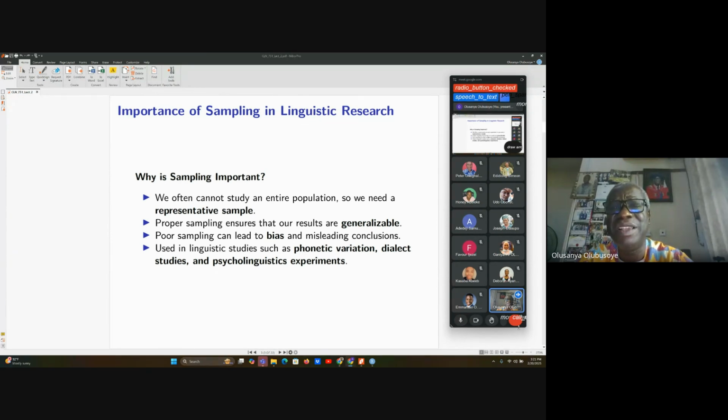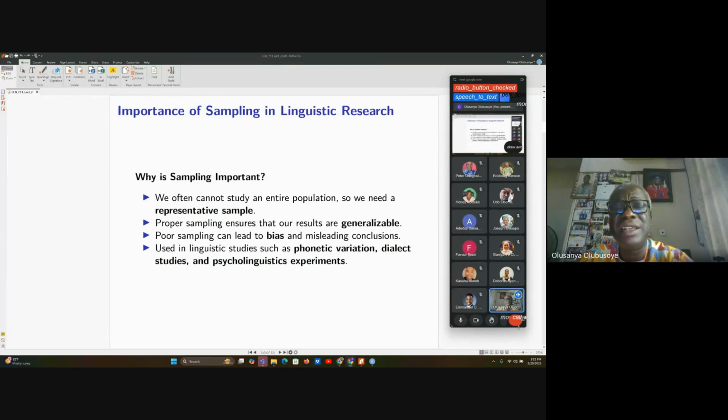So we will see how. Therefore, if I decide to use people around me because they are also Yorubas, and I do my analysis based on them, then I will say my sampling procedure is not proper. So you need a proper sampling process to ensure that the results are generalizable.